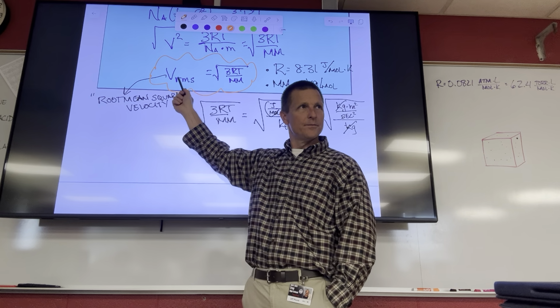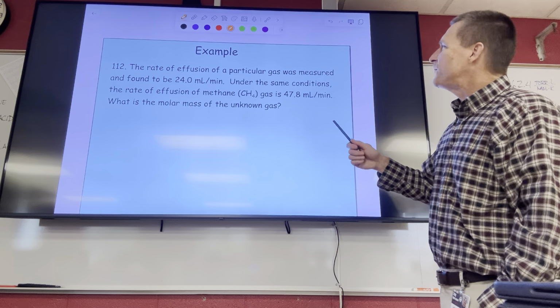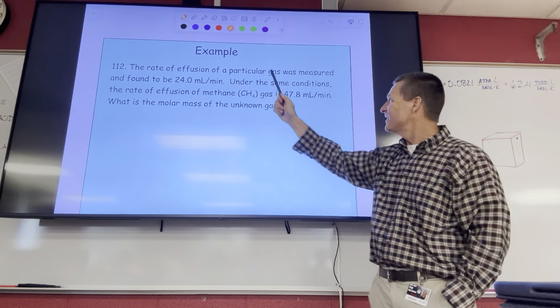Now the first example problem I have, we're going to call the Mickey Mouse example. It's very simple and straightforward. It's pretty much just putting some numbers in and seeing if you can get the correct answer doing the algebra. The rate of diffusion of a particular gas, an unknown gas here, was measured and found to be 24 milliliters per minute.